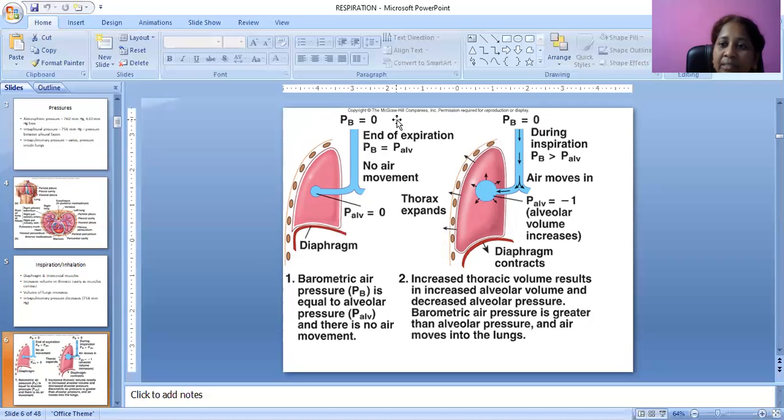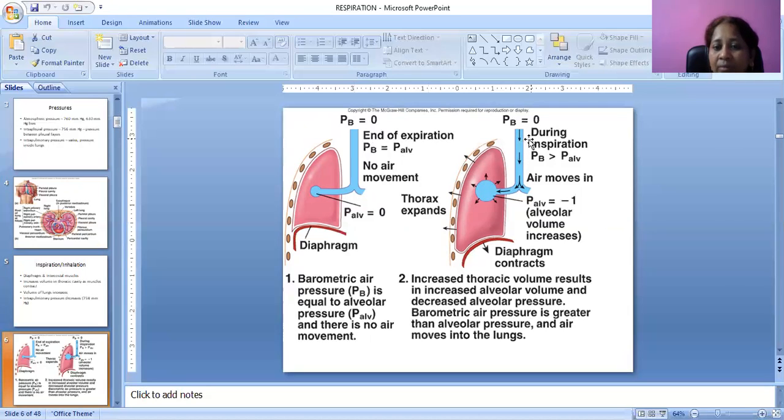Here PB is equal to 0 when it is coming inside the lung. Alveolar pressure is also 0. PB and PA are both the same at the end of expiration. No air movement.